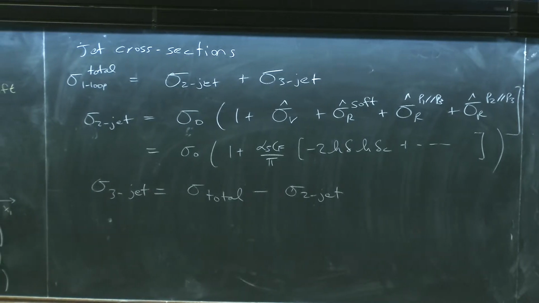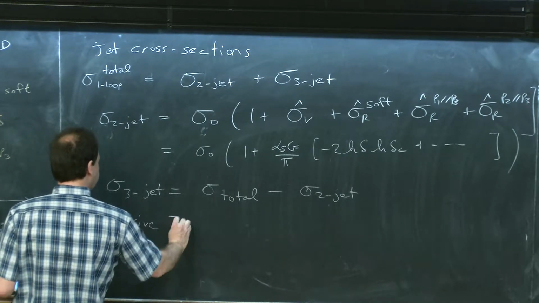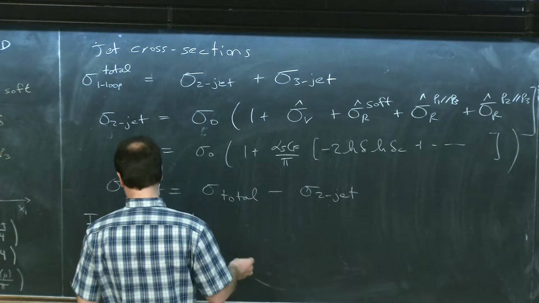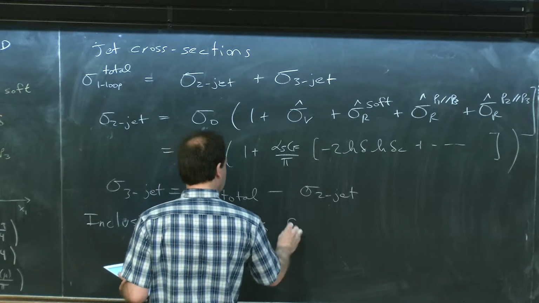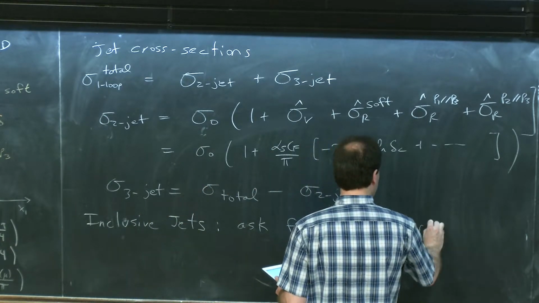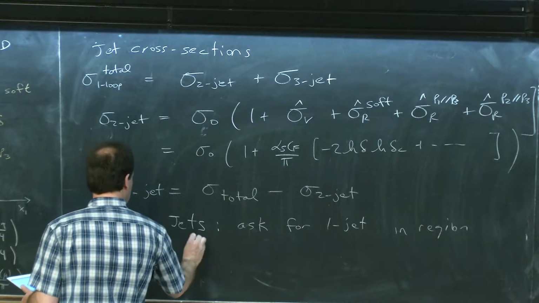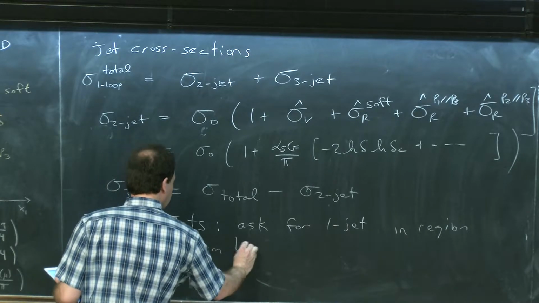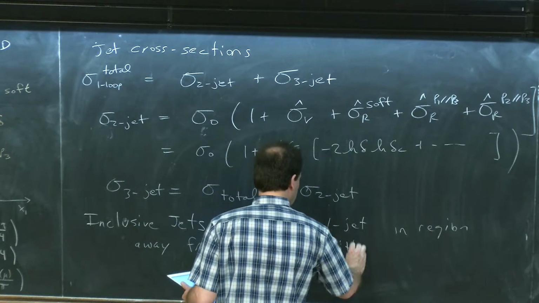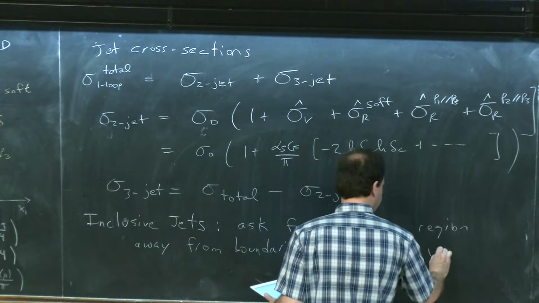There's another way of thinking about cross-sections, which is inclusive jet calculations. And in this case, I just ask for a jet with some particular phase space. It's a little bit different. We ask for a jet in a region away from the boundaries with some particular phase space values, so in this picture, some values of x1 and x2.